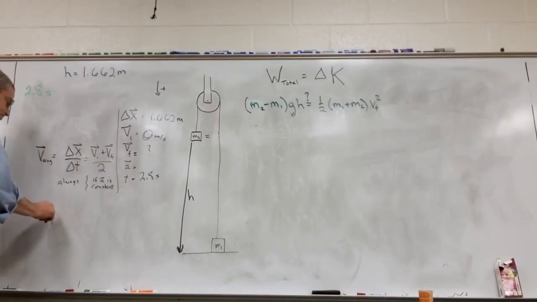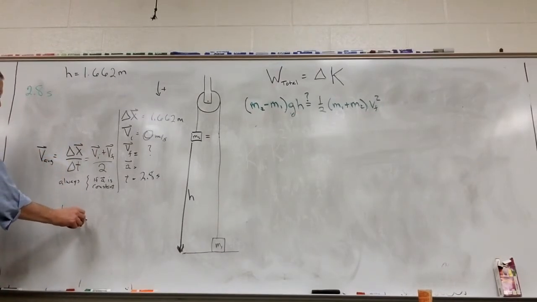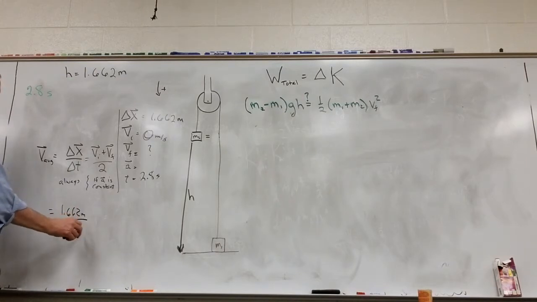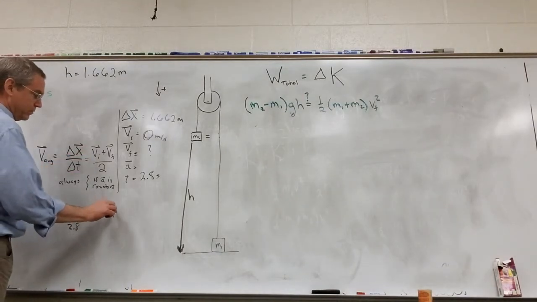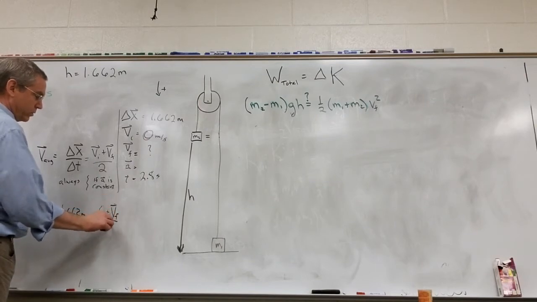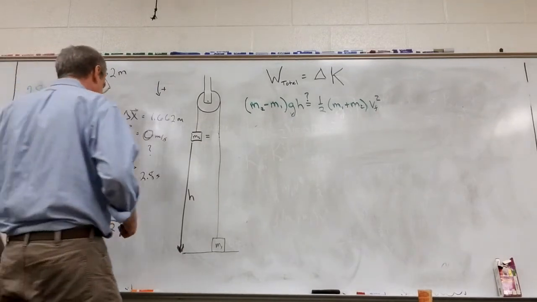Therefore, my displacement of 1.662 meters over 2.8 seconds is equal to my v_i, which is 0, plus v_f, over 2. In other words, my final velocity is just going to be twice my average.